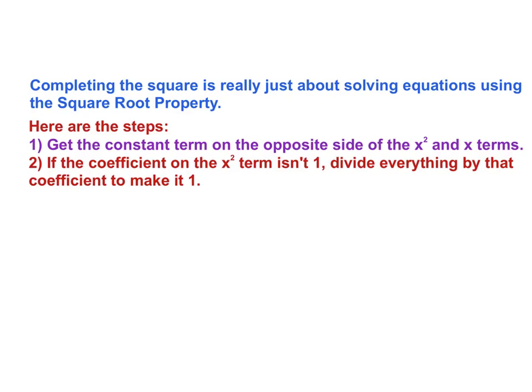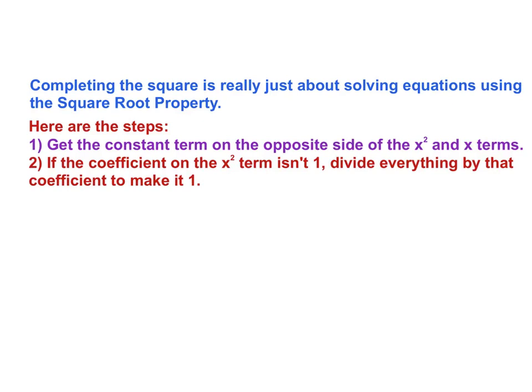If there is a coefficient on the x squared that isn't 1, then we have to make it a 1, and the way we do that is we divide each term by whatever that number is. So if it was 3x squared, we divide each term by 3. If it was 5x squared, we'd divide each term by 5. Ultimately, in order to solve by completing the square, that x squared term has to have a coefficient of 1. So that's the next thing.